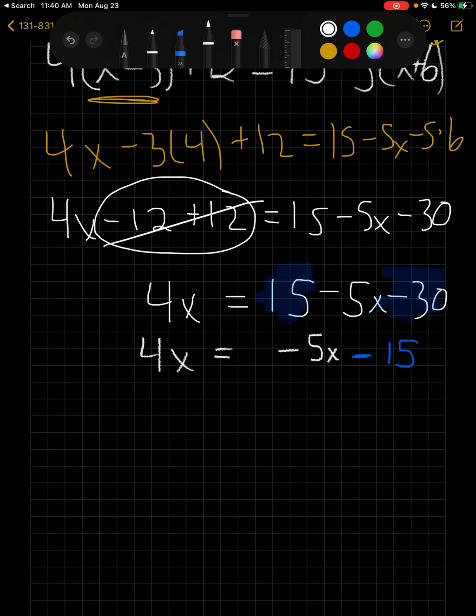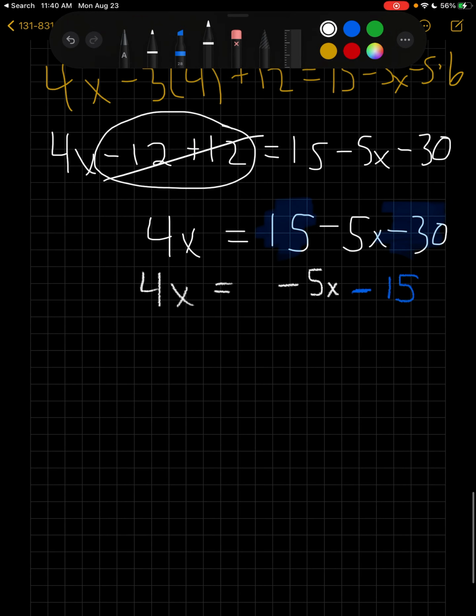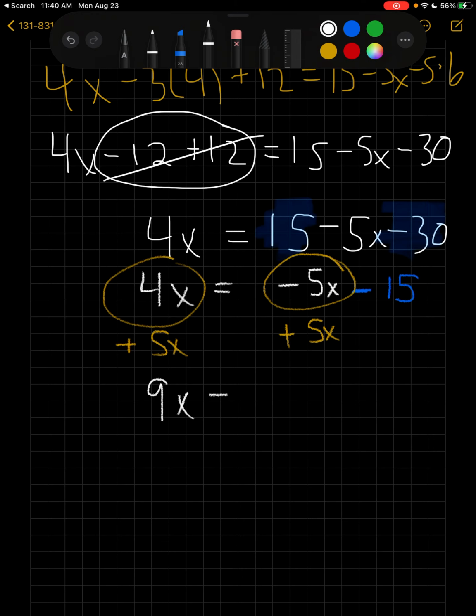So now I have 4x is equal to negative 5x minus 15. And I want all of my variables on the same side. So I'm going to address that by adding 5x to each side. And that's going to give me on the left-hand side 9x is equal to negative 15 on the right-hand side.